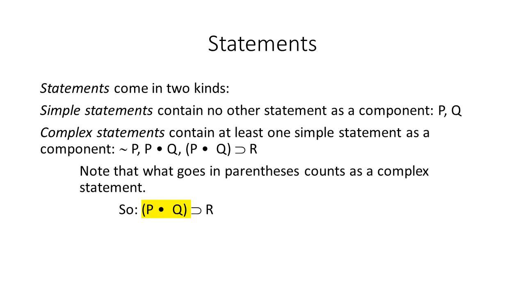So complex statements can be built out of complex statements, but ultimately it bottoms out in simple statements. So if P and Q, then R, is built out of P and Q and R, and ultimately P, Q, R.